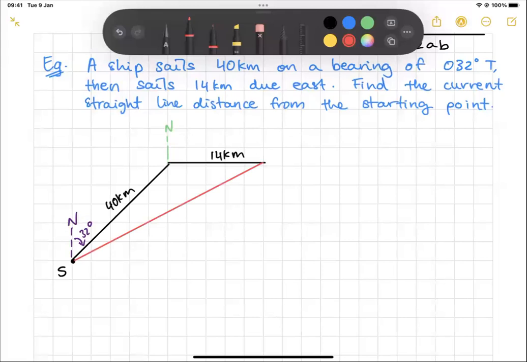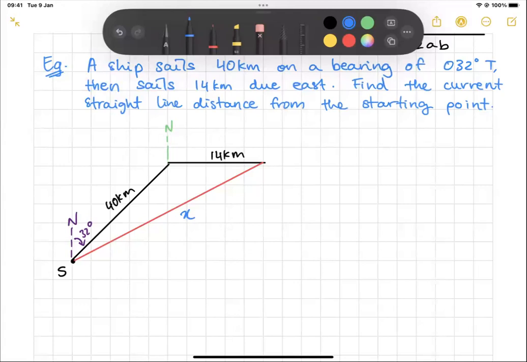All right, let's see. There's a few things that I need to find. I need to actually find what this distance is. Do I have enough information? Well, I've got three side lengths, and I need to find one of them, but I don't have an angle. It can't be a right-angled triangle because it doesn't look like it.